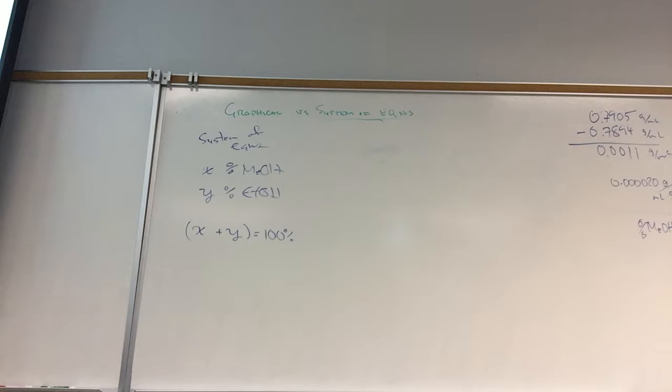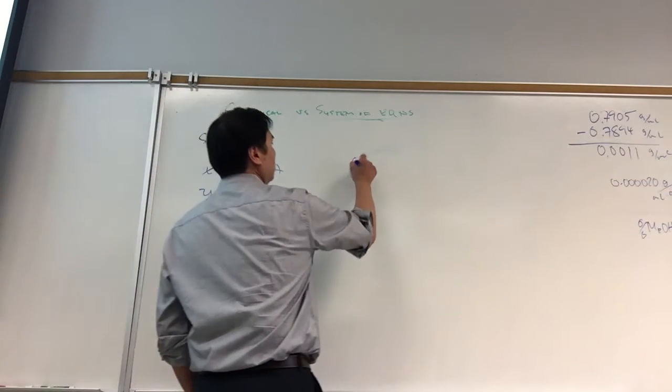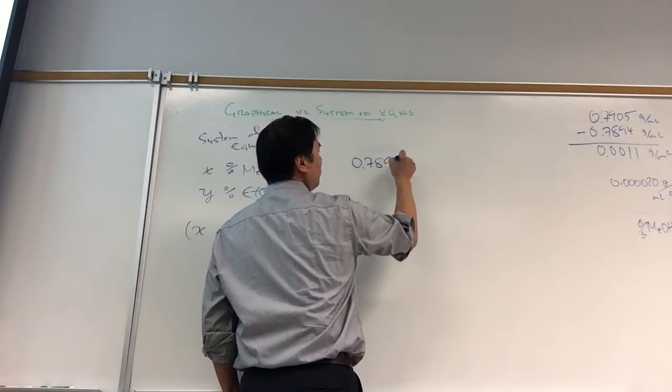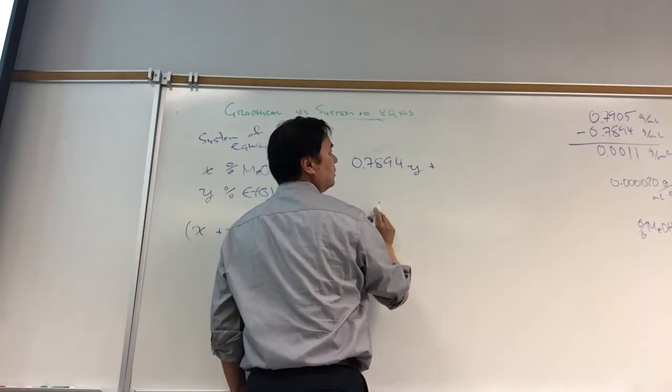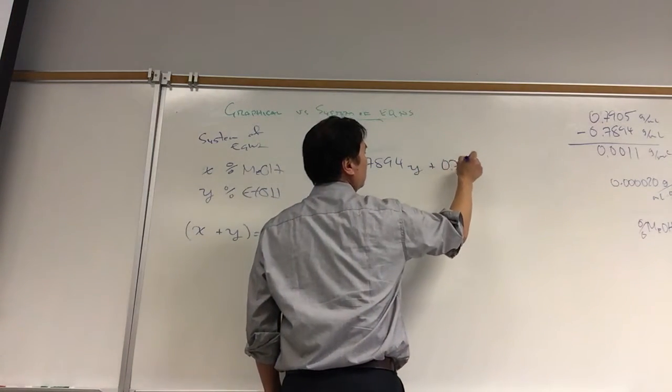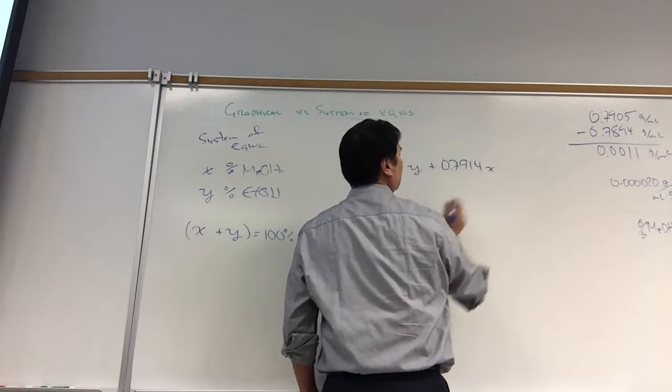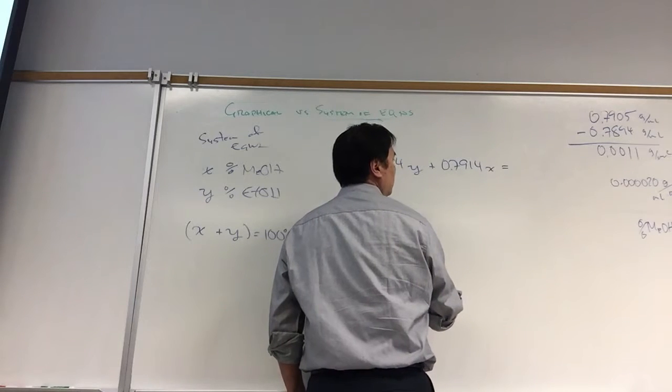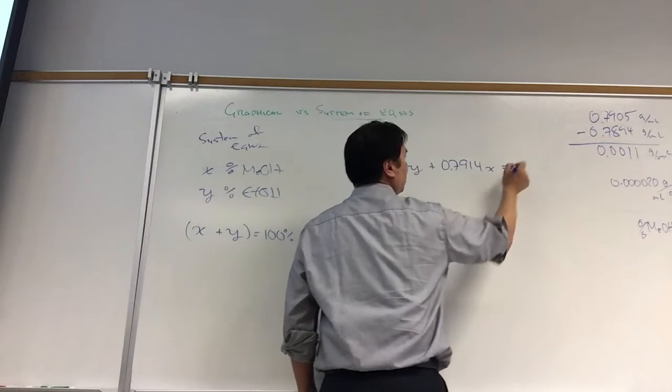All right, give me another equation. 0.7894 y plus 0.7914 x equals 0.7905.